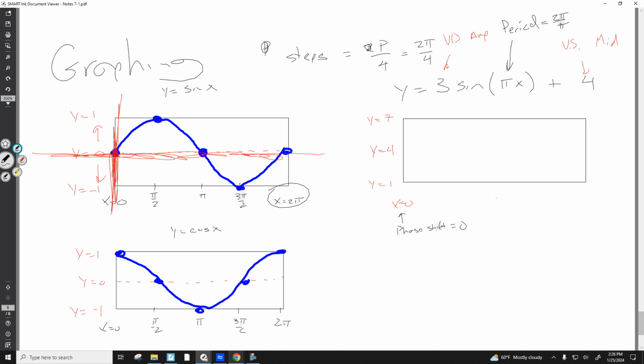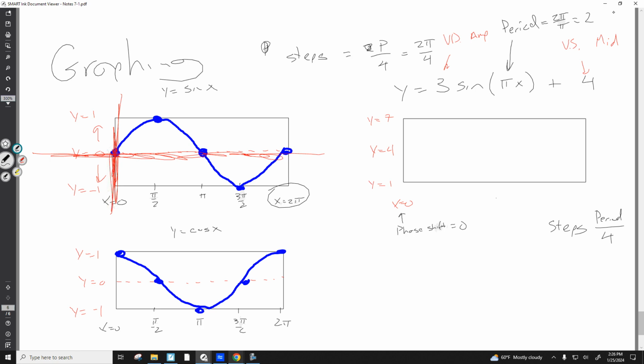Now, if I start at 0, I add 2 to get to my end. But watch, I'm going to go one step at a time. What are my steps? Taking your period and dividing it into 4 equal parts. Your period is 2.